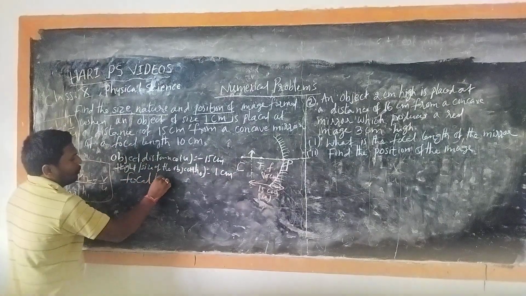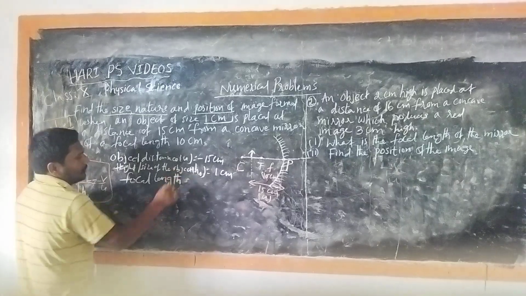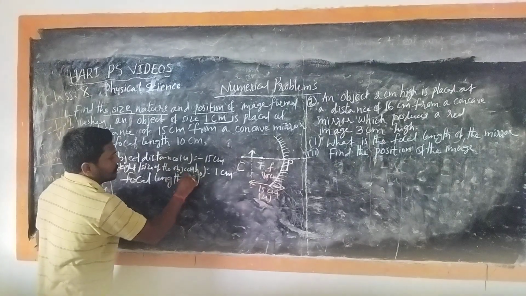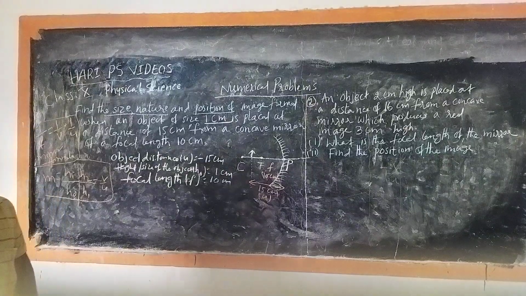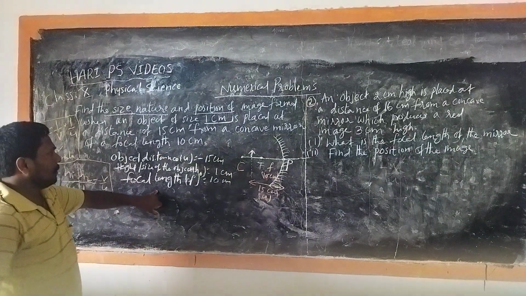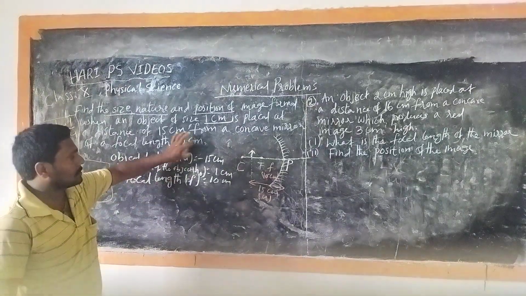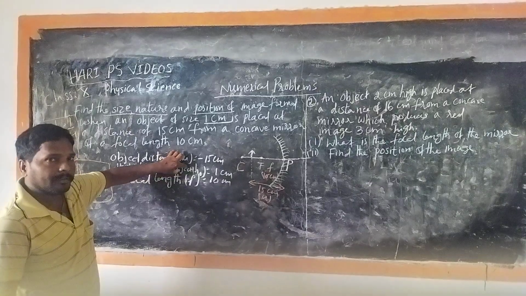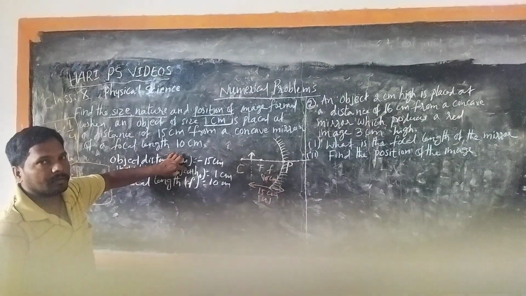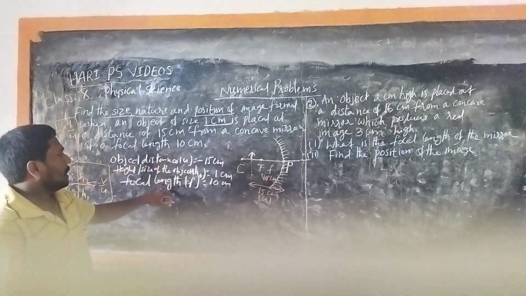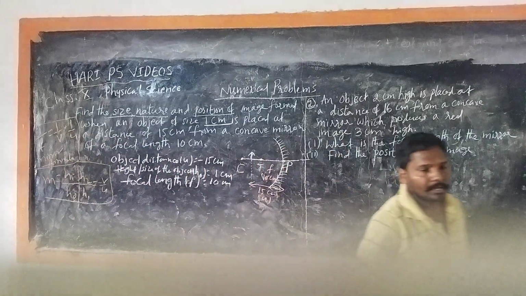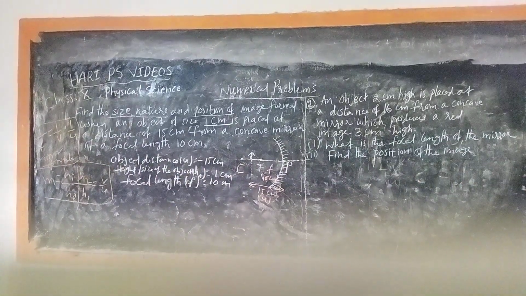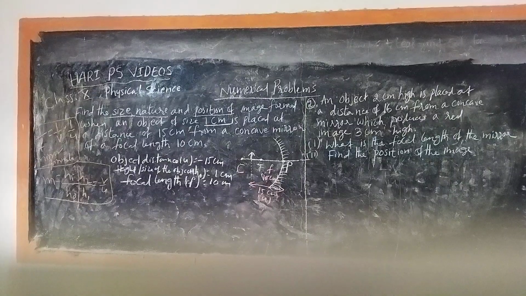Then the focal length, small f, is equal to 10 centimeters. So we know the object distance, the height or size of the object, and the focal length. Now let us calculate the size.